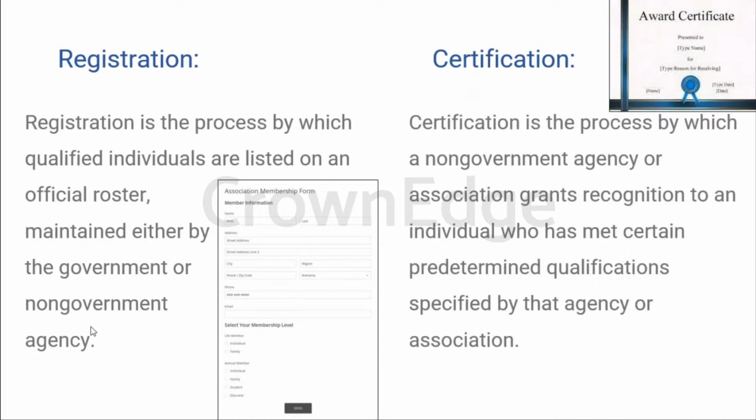The third thing is certification. Certification is a process by which any body of authority, a government agency or a non-government agency, grants you recognition, and that recognition means that you have met whatever predetermined qualifications or specifications they have.